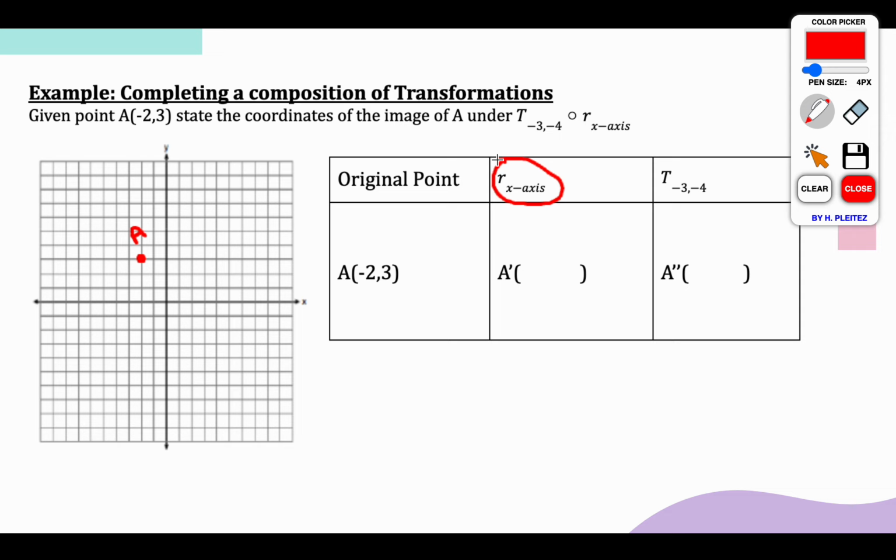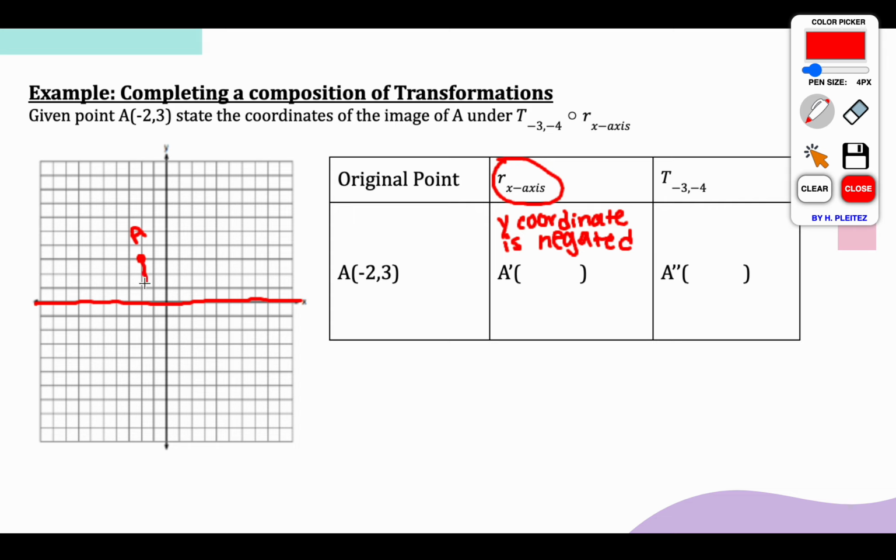Now, there are two possible ways you can do this. If you remember the rule, you know that when you reflect over the x-axis, the y-coordinate is negated. Or you can just do the reflection, create the mirror image. So we highlight our line of reflection, we count our distance. Since this is perfectly horizontal, we can just count the distance down.